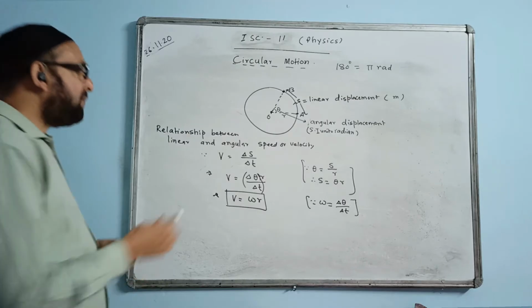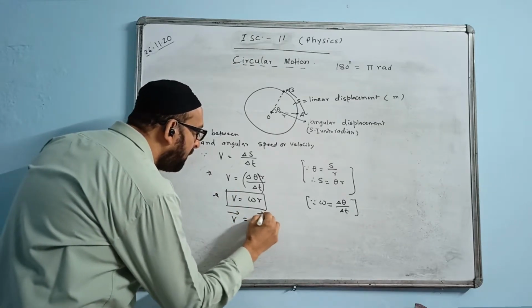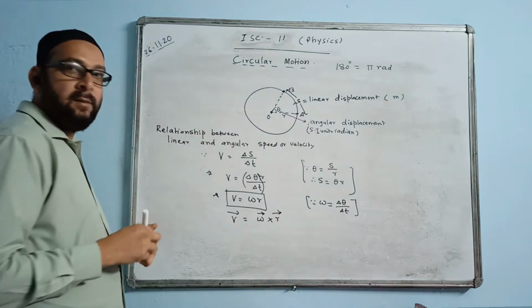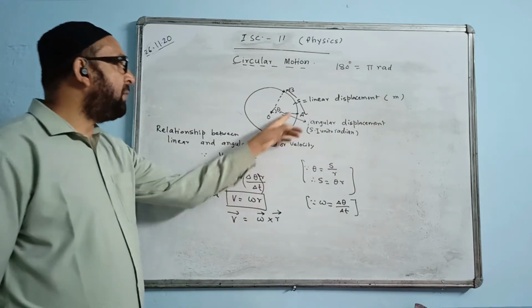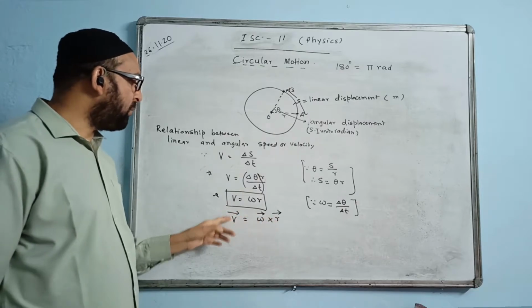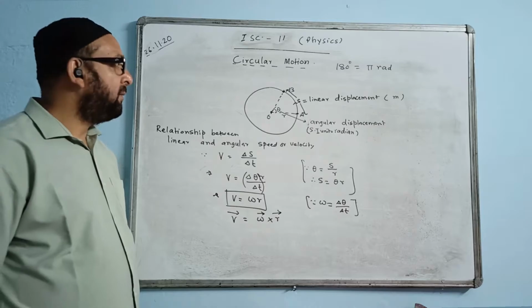But velocity wise we write like this: v equal to omega cross r, a cross product. V, the velocity at any point, will be perpendicular to the radius and also perpendicular to omega, the angular velocity.